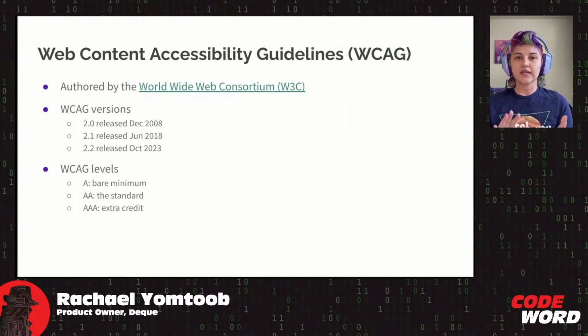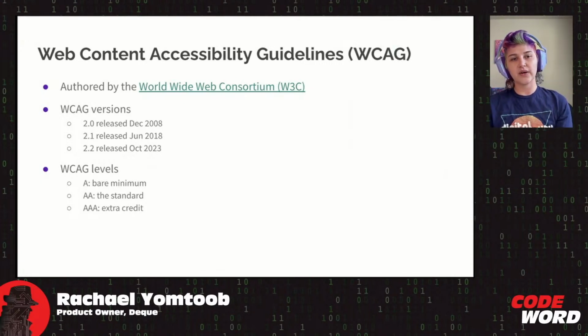For some context, iOS came out in 2007 and Android came out in 2008. So WCAG 2.0 really didn't have any opportunity to consider mobile apps or mobile devices because it was under development and they were not widely adopted yet.